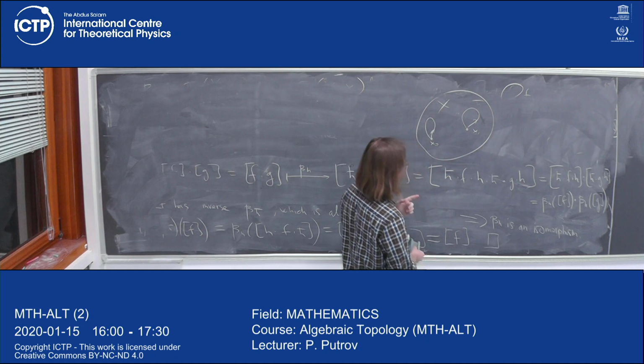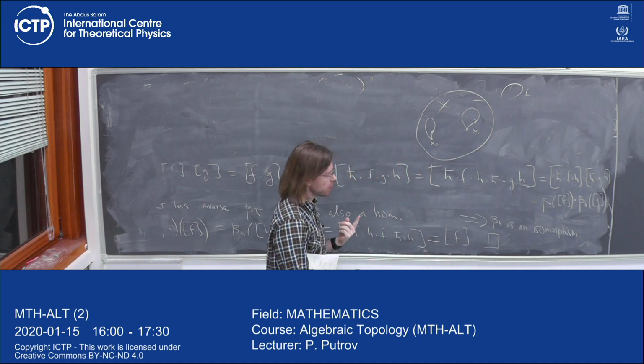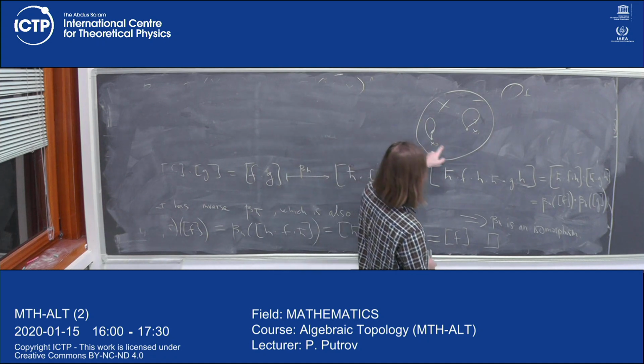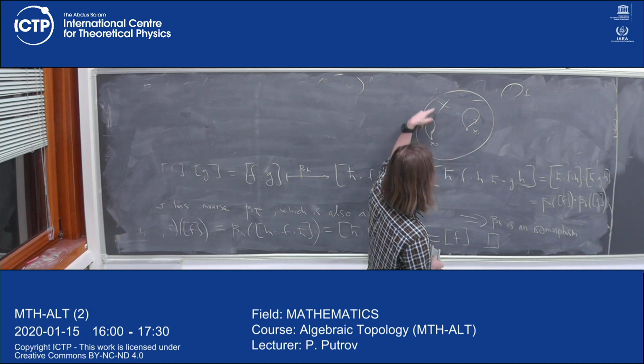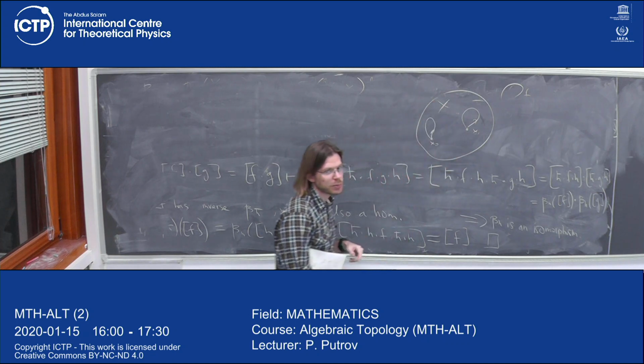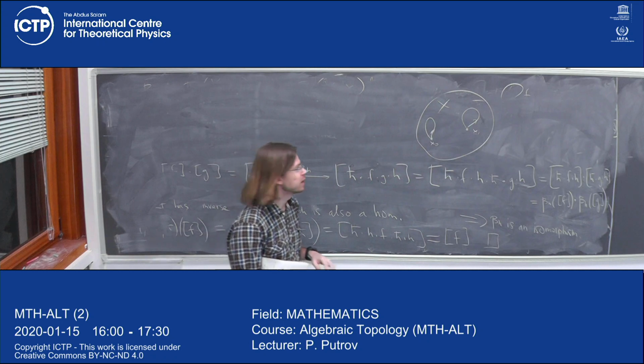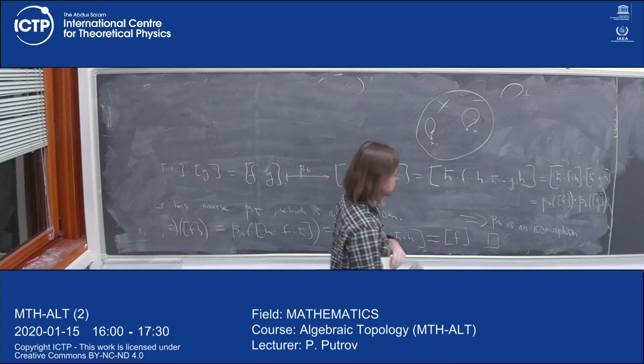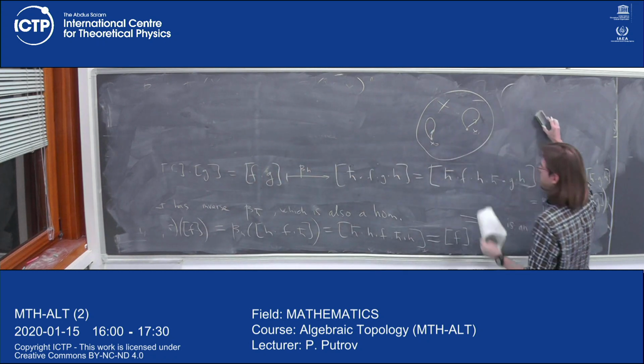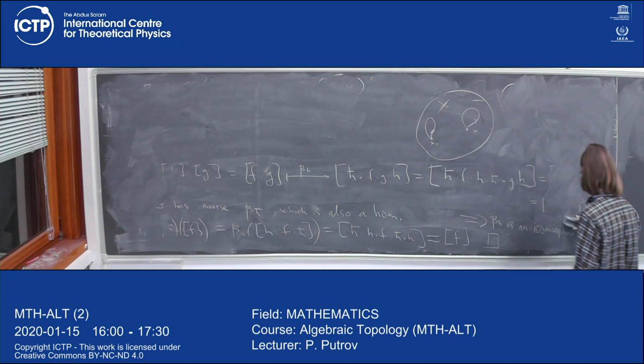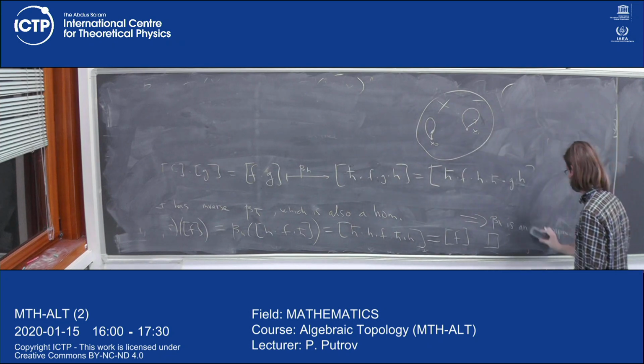But let me point out that in general there is no canonical isomorphism. The isomorphism may depend on how exactly you choose your class H, which connects these two points. So these groups are isomorphic, but not canonically isomorphic.